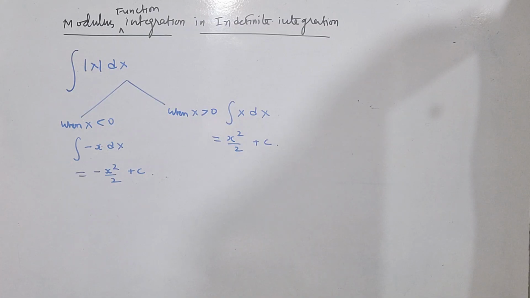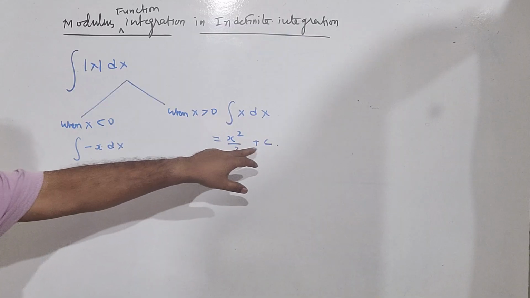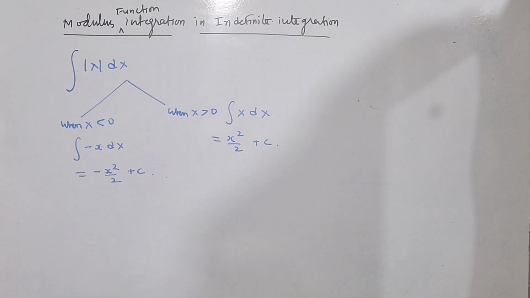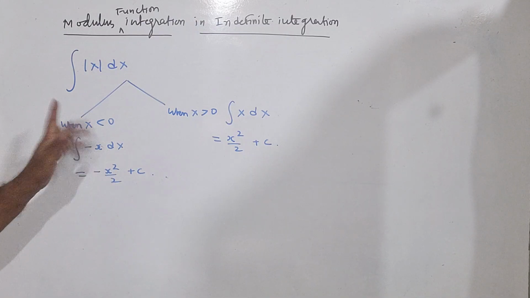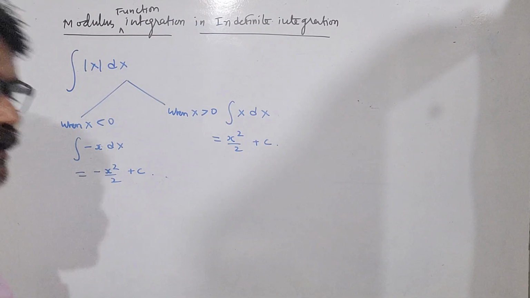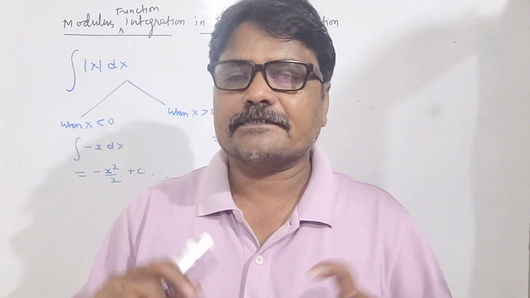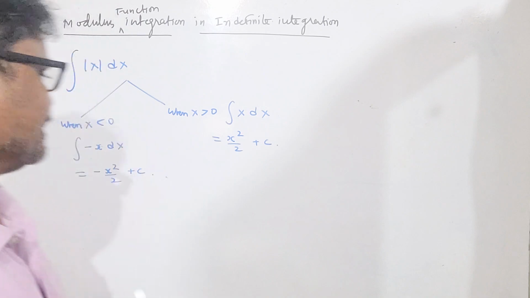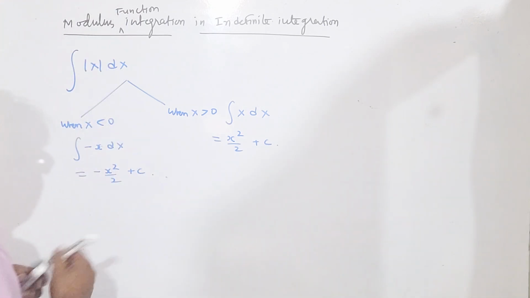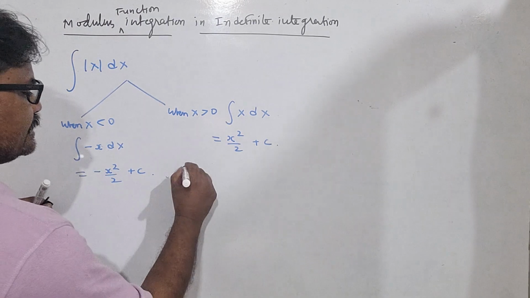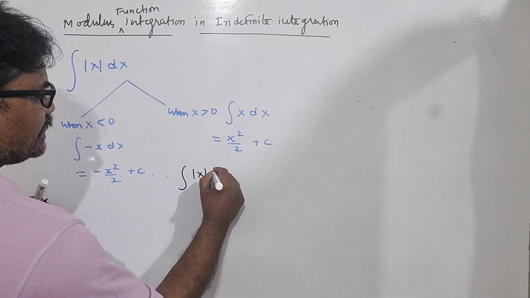But suppose that this is the answer, x square by 2 plus c when x is greater than 0, and minus x square by 2 plus c when x is less than 0. How can I write these two answers combinedly? That is the question. Correct? Okay, so see here, this is integration of modulus of x. Correct?